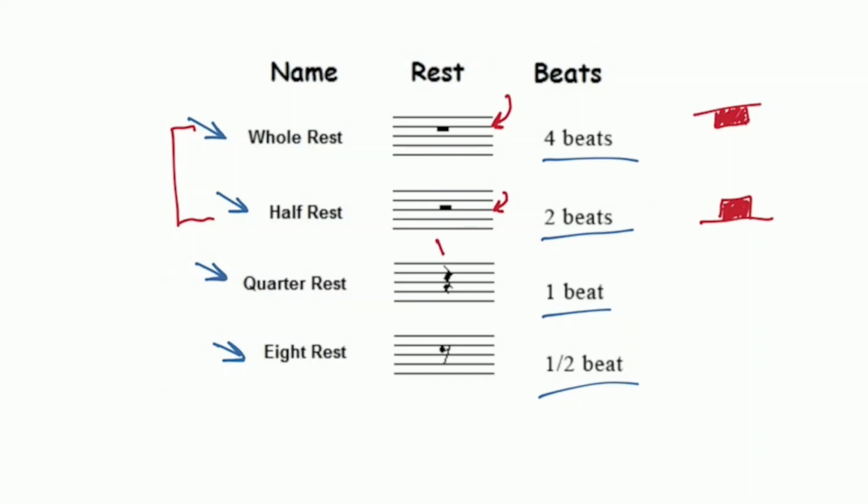And we have here the quarter rest, which just looks like a lightning bolt. And then our eighth rest, which has a little flag on the left side of a stem. Okay?